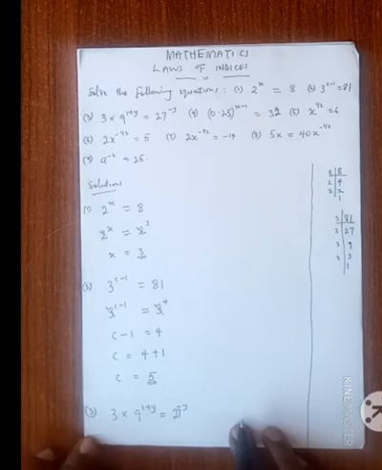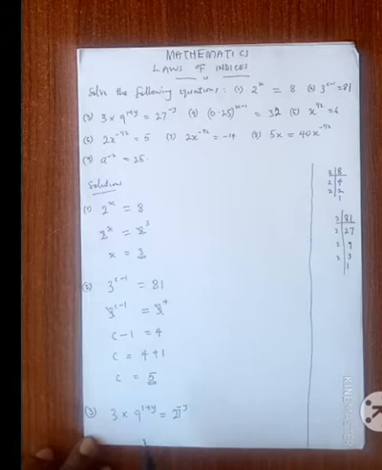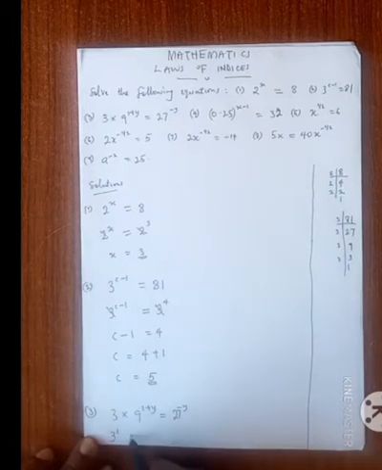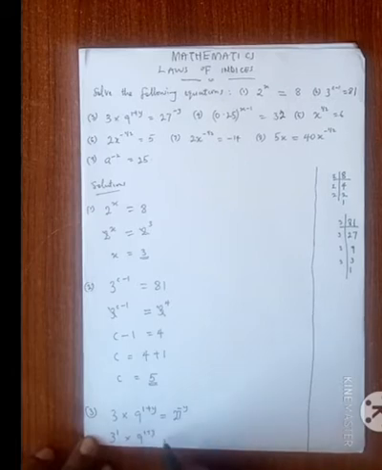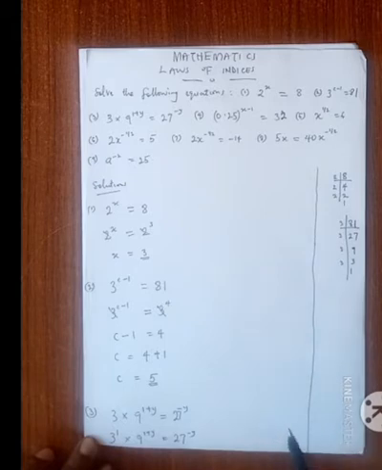So the first job here is to ensure everything is written in index form, and the only number not in index form at the moment is 3. So converting it to index form is just to call it 3 raised to power 1, then multiplied by 9 raised to power 1 plus y is equal to 27 raised to power minus y.